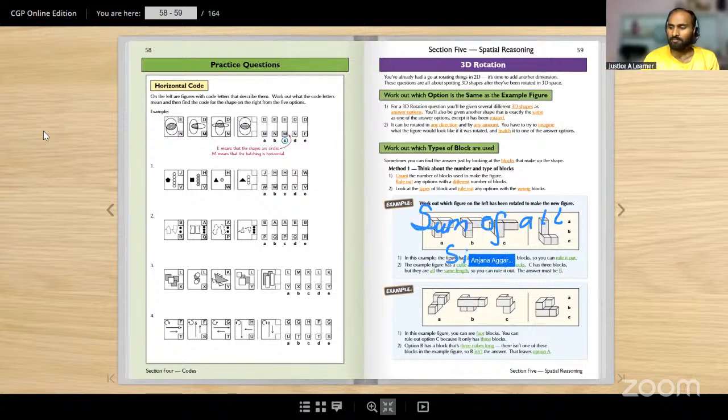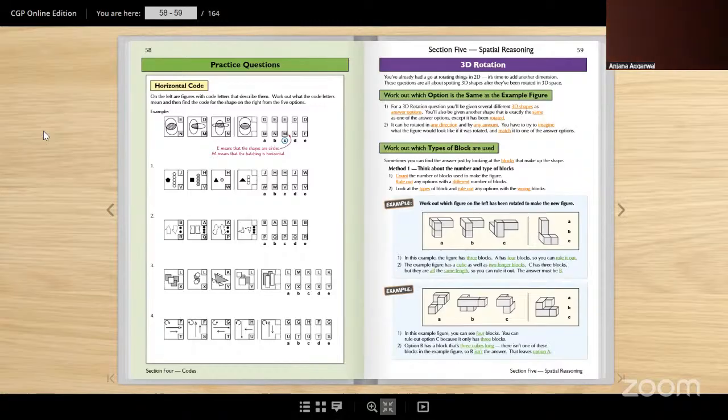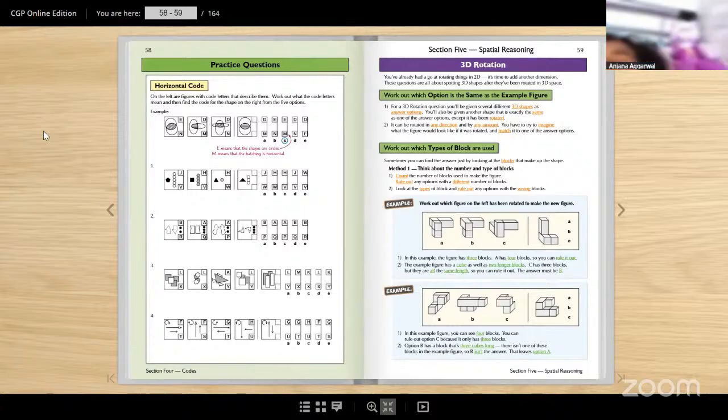Okay, move forward. The figure can be rotated in any direction and by any amount. You have to try to imagine what the figure would look like if it were rotated and match it to one of the answer options. Work out which types of blocks are used.